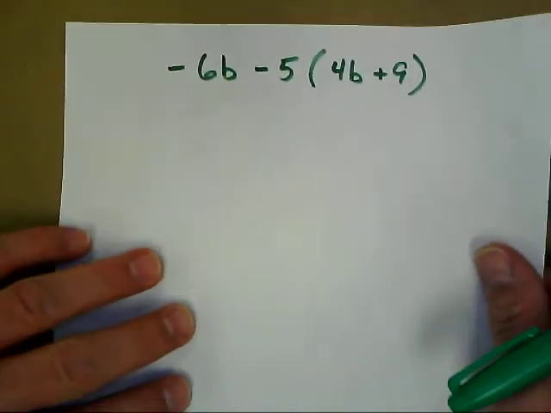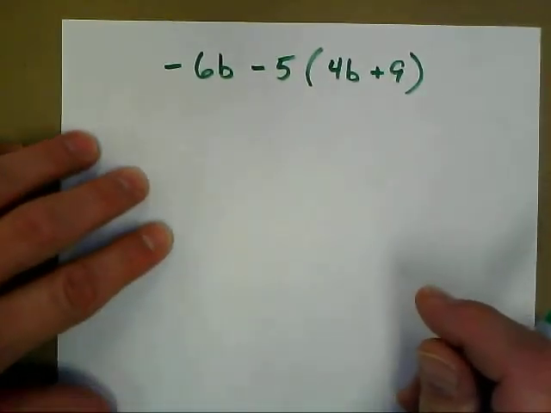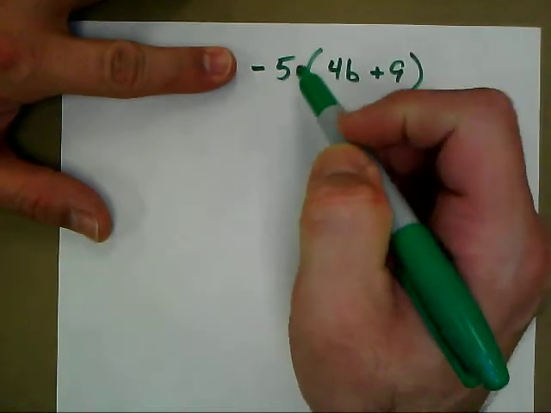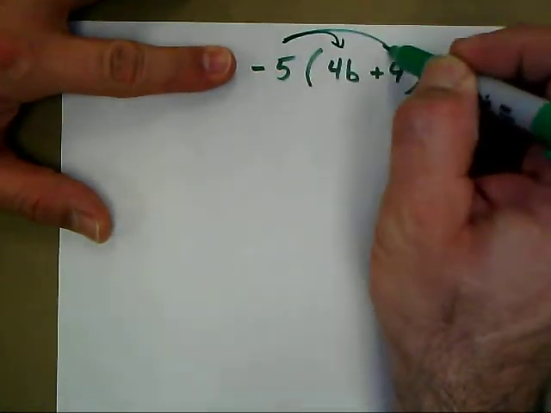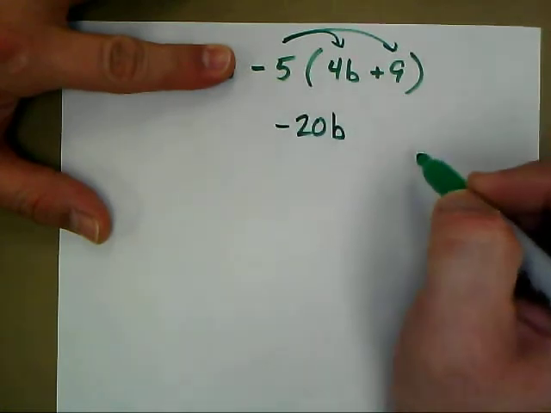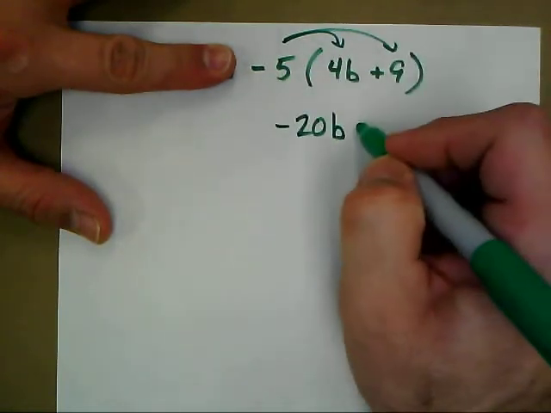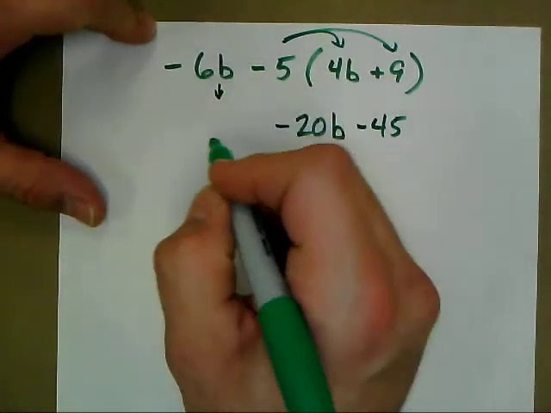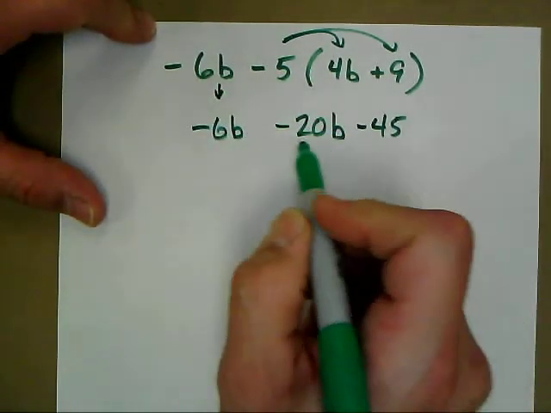Remember, you can replay this video as many times as you want to see how this is going. So we want to cover up that term, but where that negative is going to be with that 5. So it is going to be -5 times 4, which is -20, and there's only one b between them. And -5 times 9 is -45. We didn't use that, so we bring it down, -6b. That's fine.